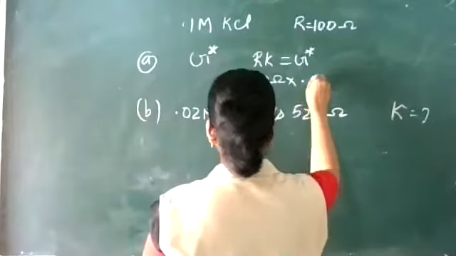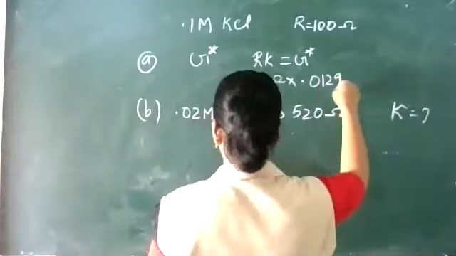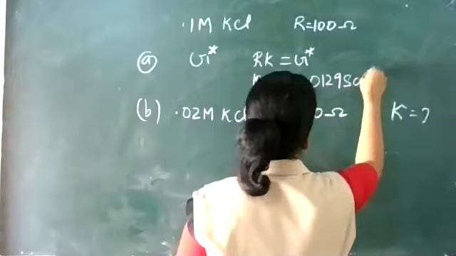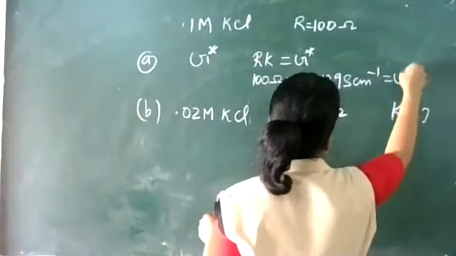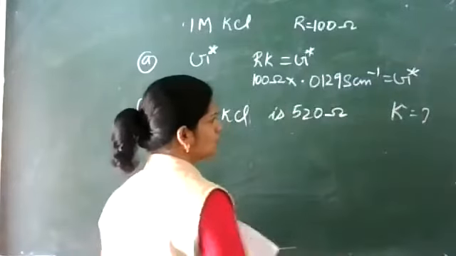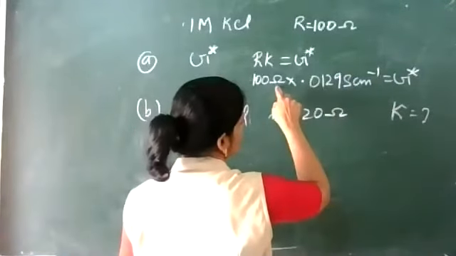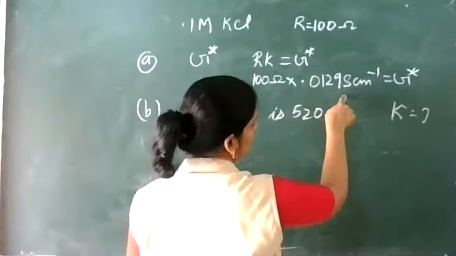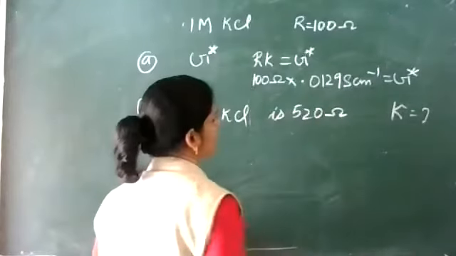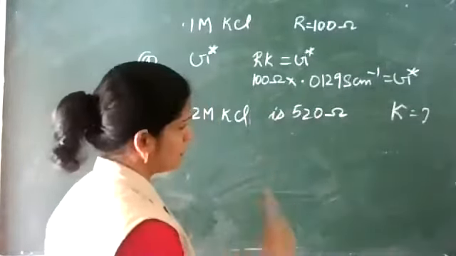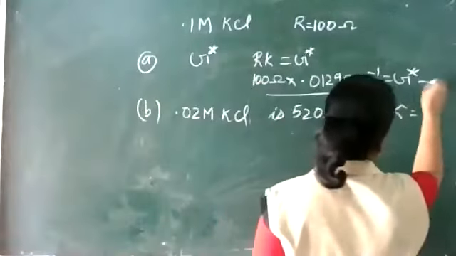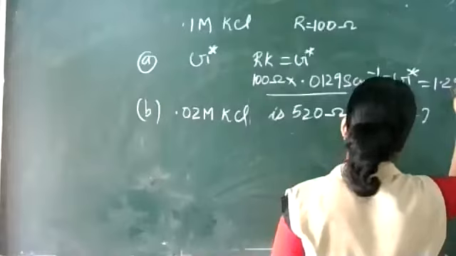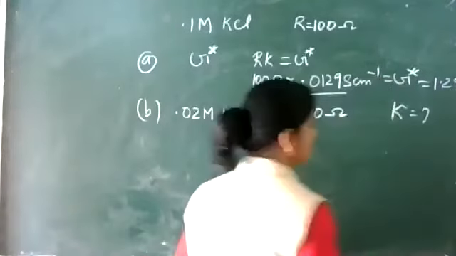So G star is 100 ohm times 0.0129 S centimeter inverse, where S means 1 by ohm. So you get G star in centimeter inverse, that is 1.29 centimeter inverse.